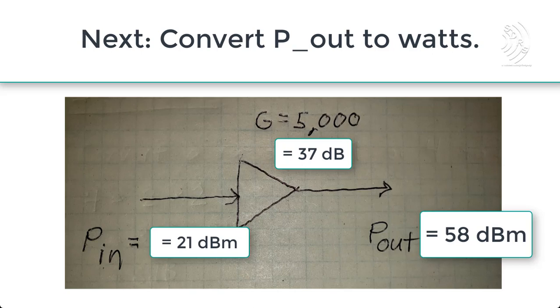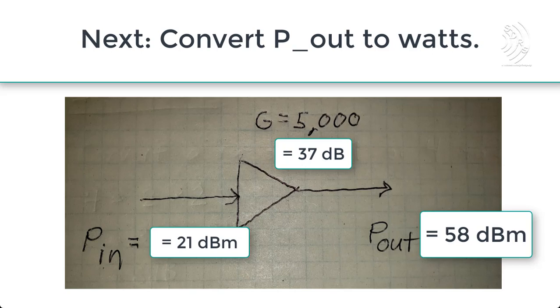And we also know that the output power at 58 dBm is less than 60 dBm, and that is 10 to the 6th milliwatts, or 1,000 watts. So we know that the output power is between 100 watts and 1,000 watts, and we can be sure that it's closer to 1,000 watts.